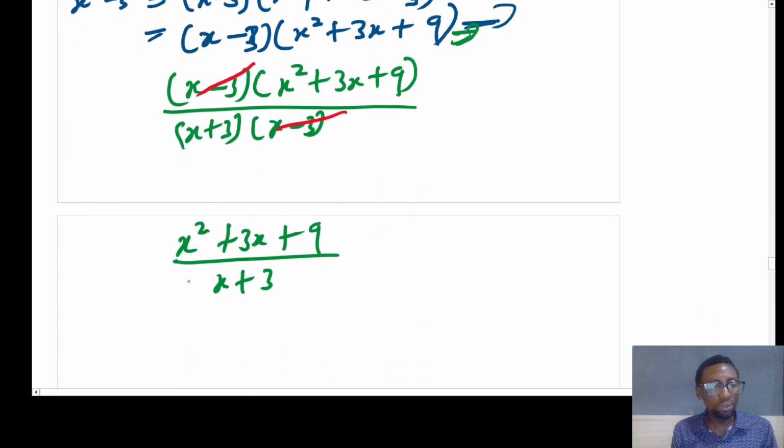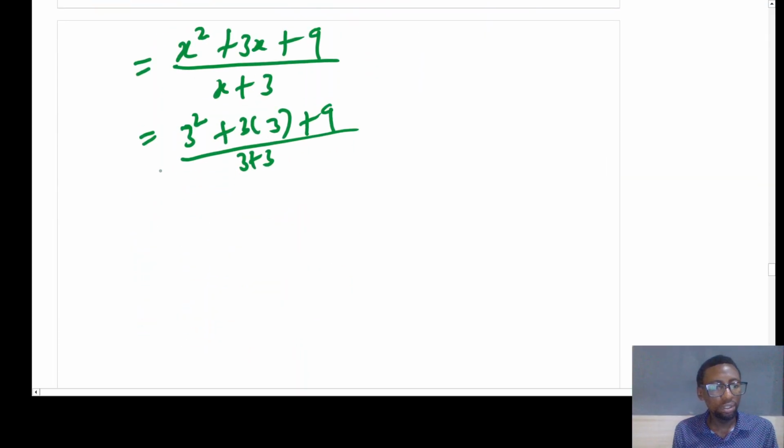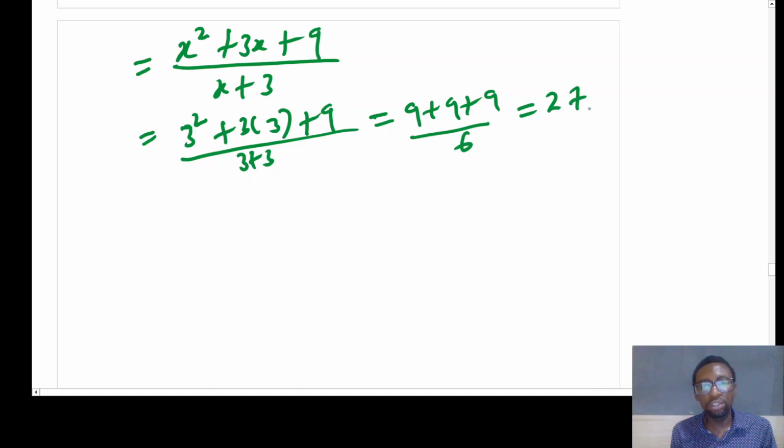We get 3 squared plus 3 times 3 plus 9 over 3 plus 3. 3 squared is 9, plus 9, plus 9, all over 6. So that will give us 27 over 6. So that is the answer for that.